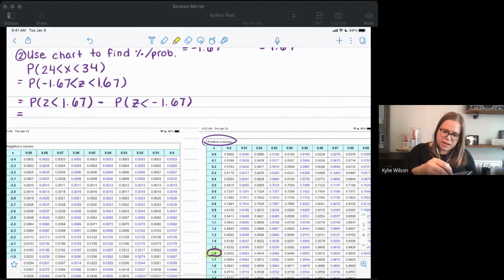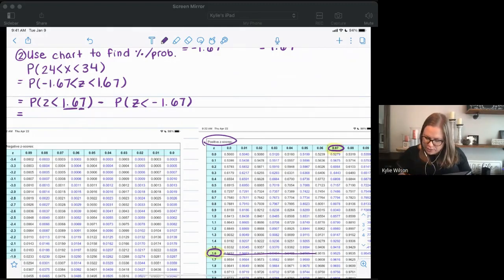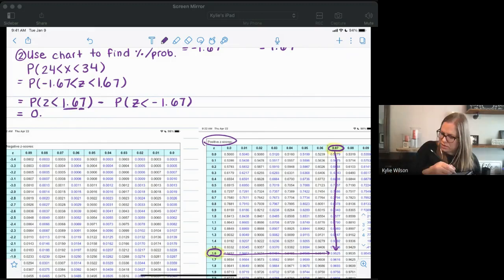Then I need to find that third digit, which is 7. So I find 7 here, and then I go to find where these two cross. There we go. And we'll get 0.9525. This means that 95.25% of my points are less than 34.